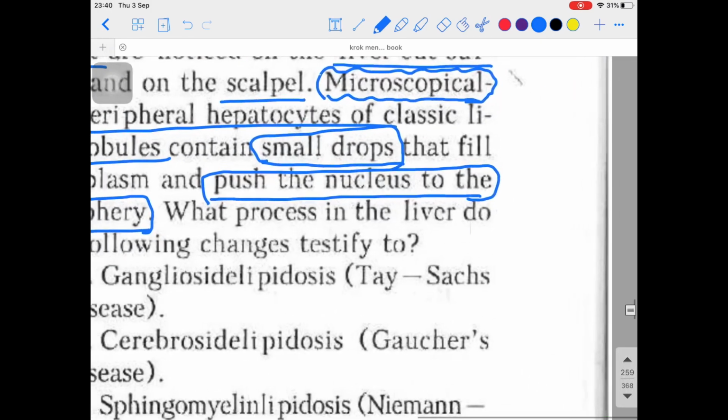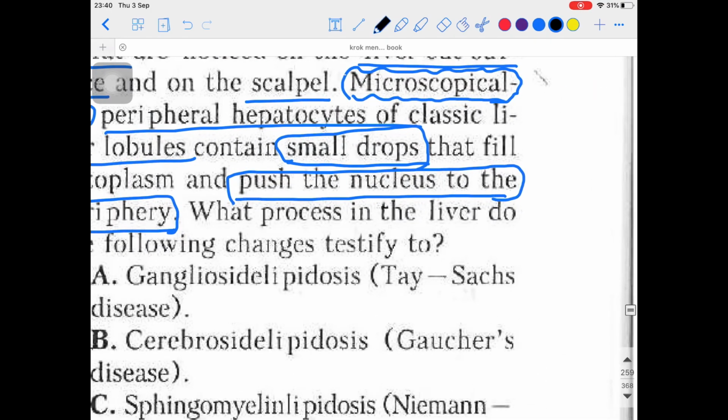I can give you an example over here. For example, this is the classical hexagonal lobule of the liver. I'm not going into detail about where the central vein and sinusoids are.